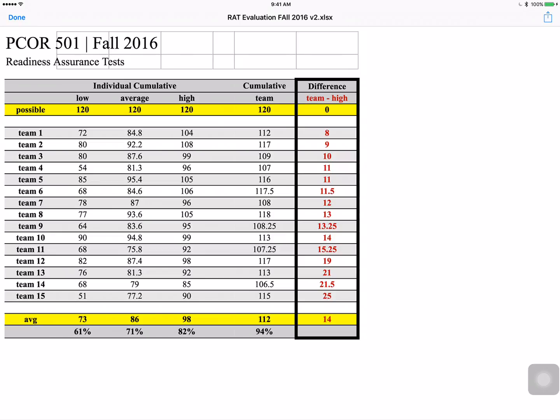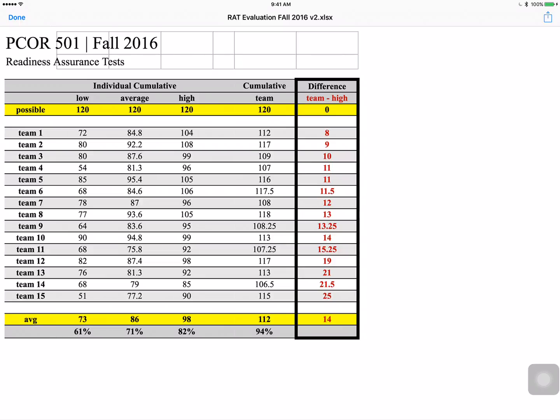The average cumulative team score was 112, which is 14 points better than the average high scorer on the team. In other words, since there were 7 quizzes, that's 2 extra points per quiz that the team did better than the highest scorer on their particular team.